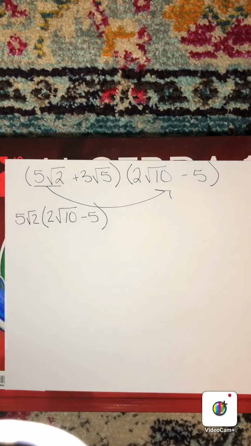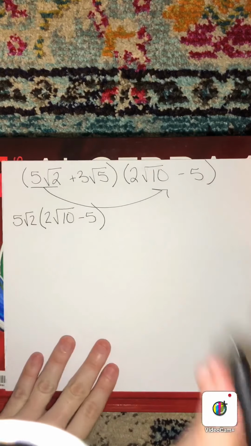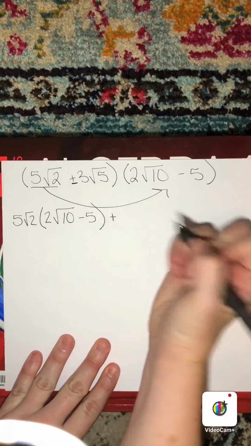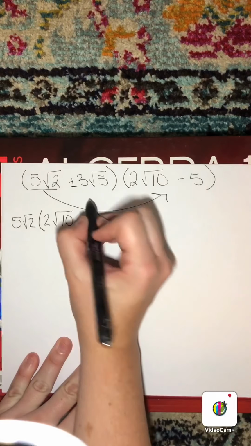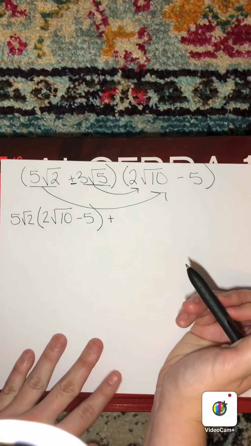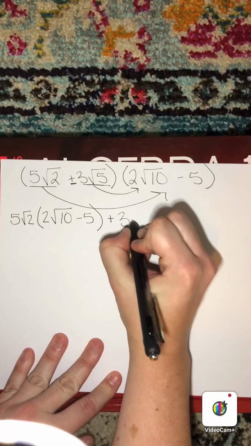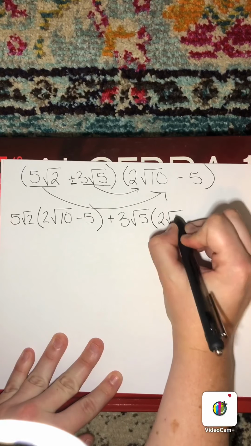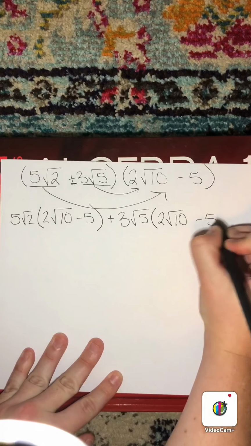Okay. That's my first step. And then I'm going to take this plus sign and put it right here. Now I take this entire second term and also multiply it by the entire second parentheses. So 3 square root of 5 times 2 square root of 10 minus 5.